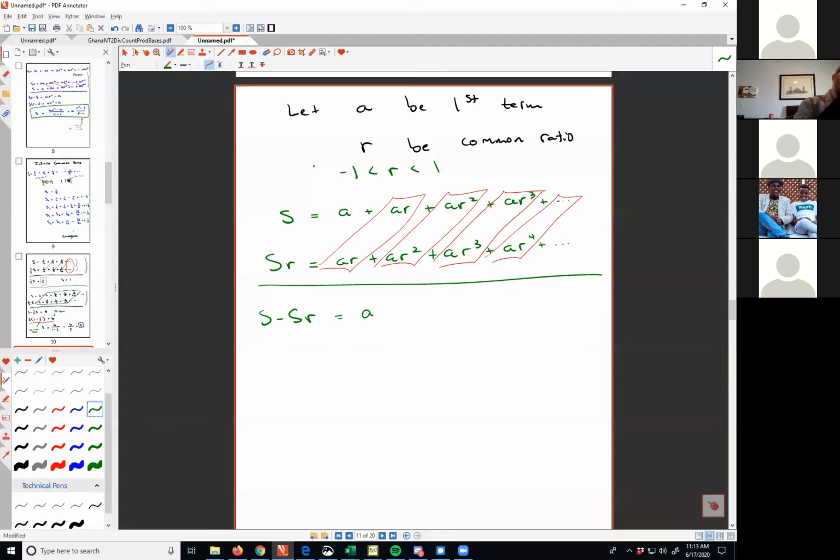Well, first we have to factor out S from the left-hand side. Then afterwards, we bring the 1 minus r to the other side of the equation so that we have S on the left side and A over 1 minus r on the other side.